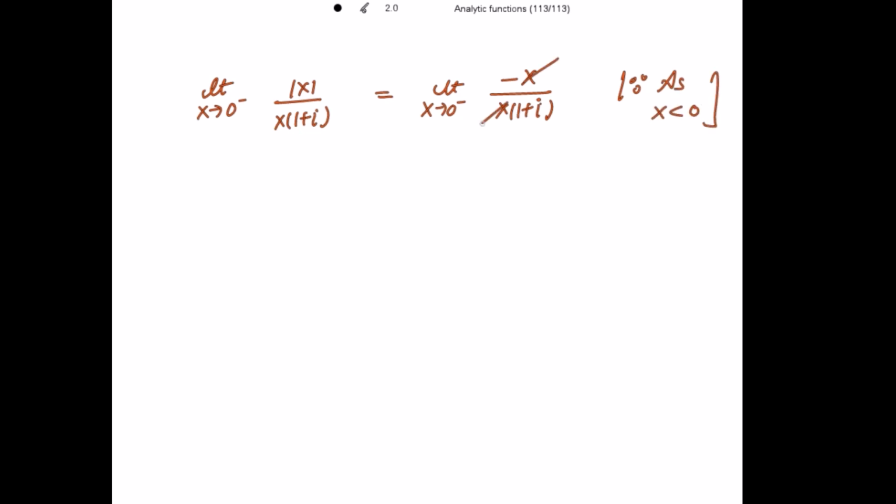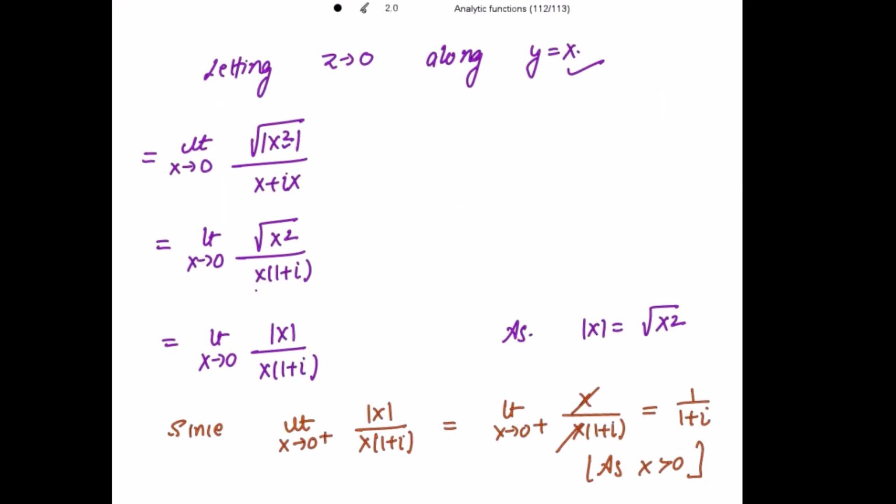Similarly, if we take the limit x tending to 0 negative, mod x becomes negative x, divided by x into 1 plus iota, as x is strictly negative. So these cancel out and we get this limit to be minus 1 divided by 1 plus iota, which is not the same as the previous limit, right? Both the right hand limit and left hand limit are different.